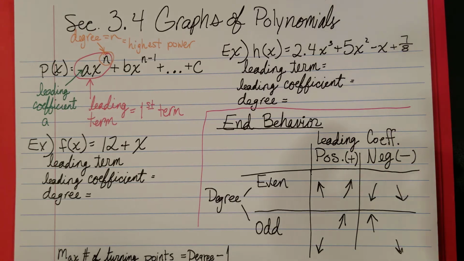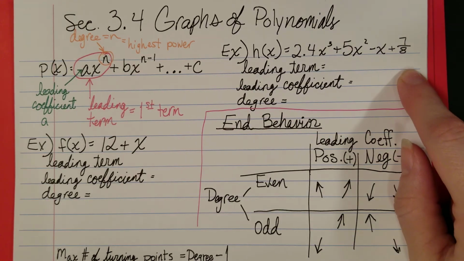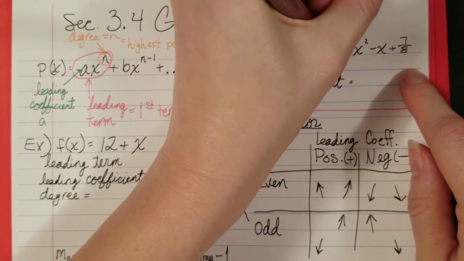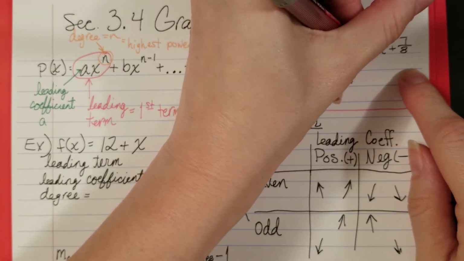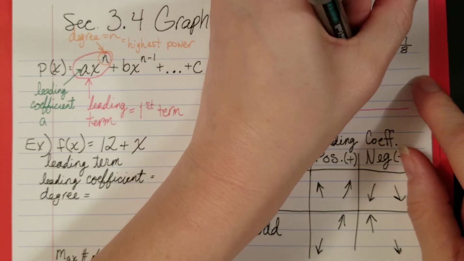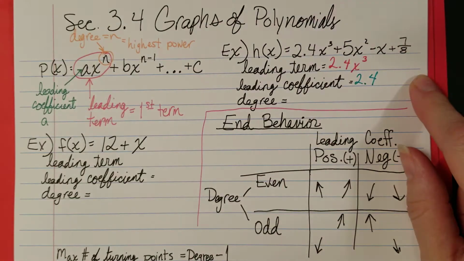Okay, so right here, everything's already in order, so the leading term in that case would be 2.4 x to the third, and then the leading coefficient is 2.4, and the degree is 3.